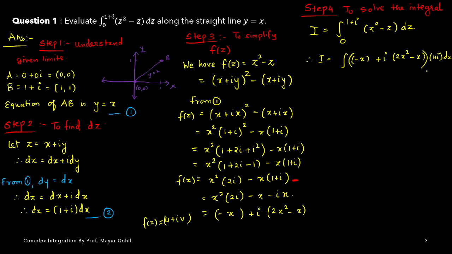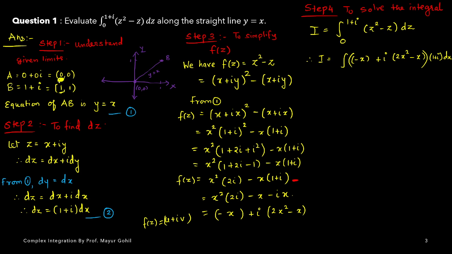And the limits are very important now. How do we come to know regarding the limits? The variable is x. So you observe the coordinates of x in the points that we have found in step number 1. So the x coordinate is going from 0 to 1, right?